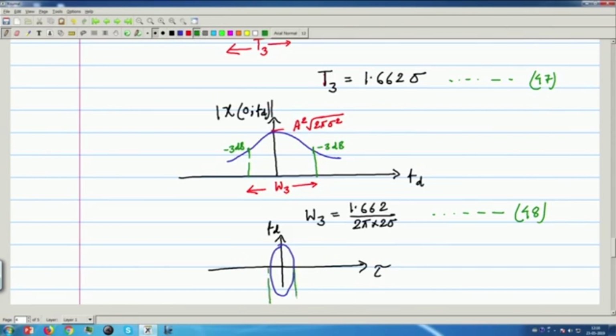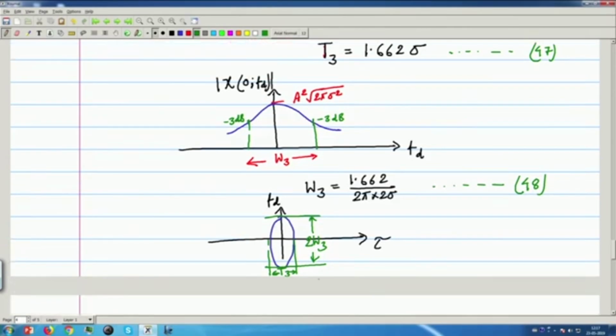So, this point and this point I am calling T3, and this point and that point, that will be 2 W3. Okay. So, which we have already said.